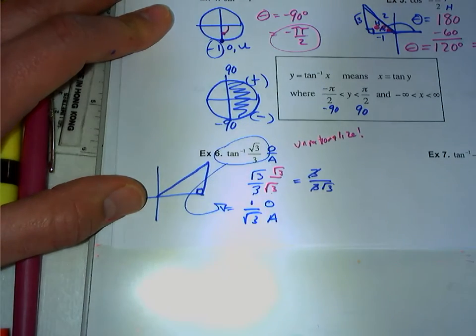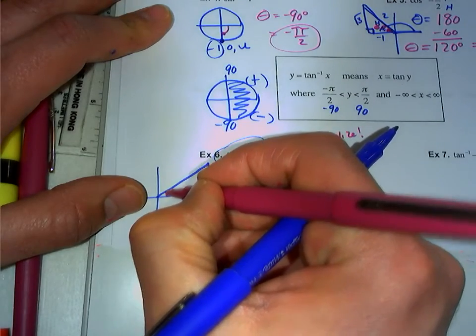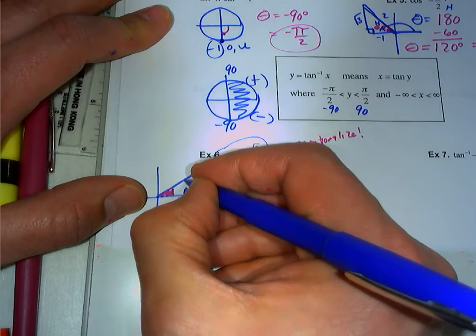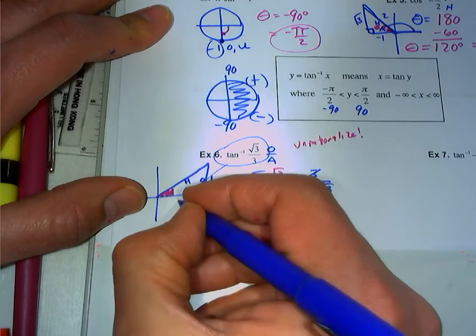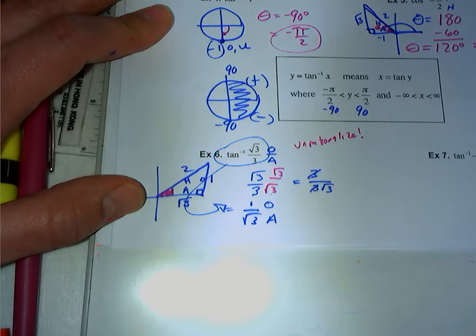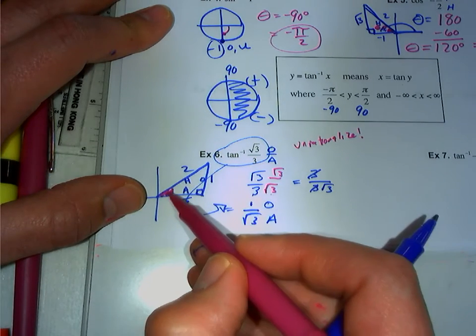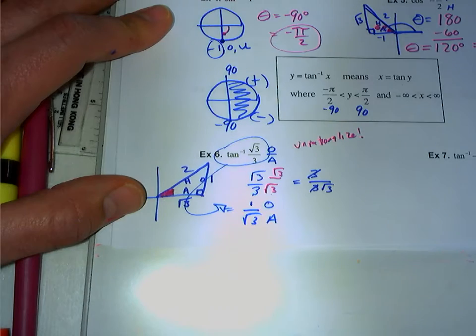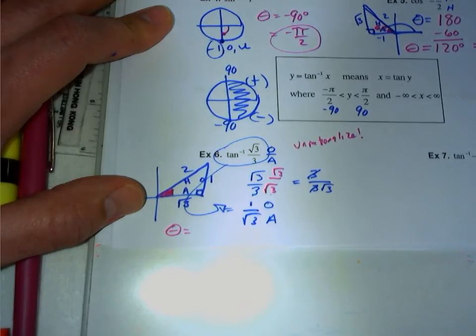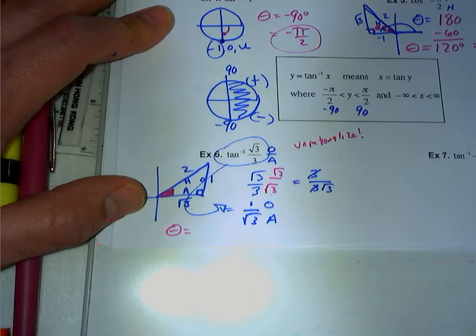So working from this angle, this is the angle I'm looking for. This is opposite. This is adjacent. This is hypotenuse. That's 1, that's root 3, and that's 2. Well, the angle that I want is this guy. And what's across from 1 in our reference triangles? That's 30 degrees.